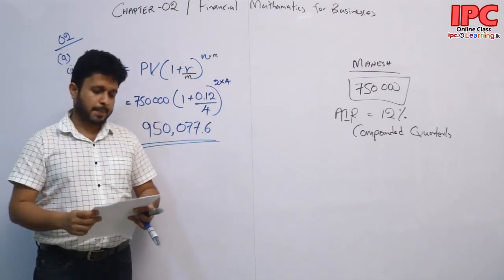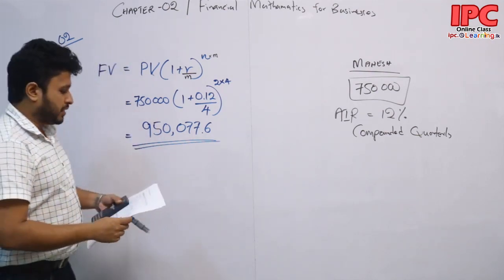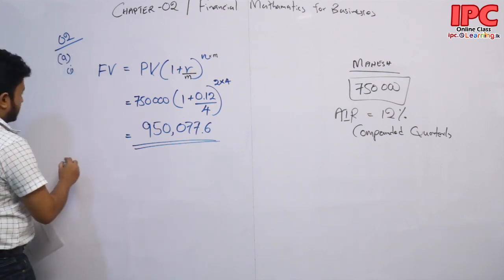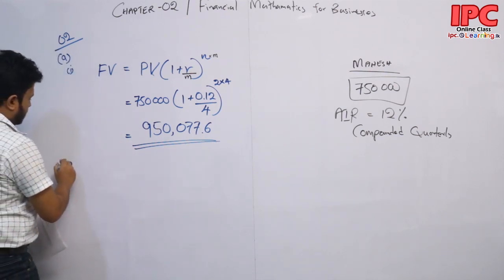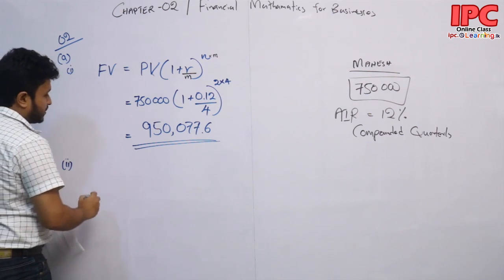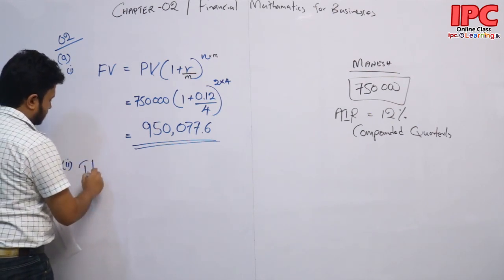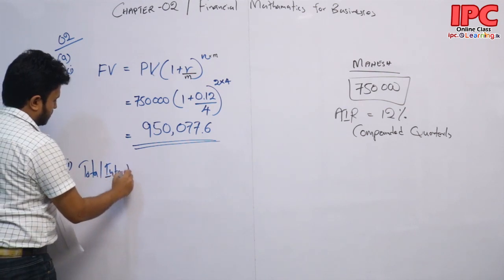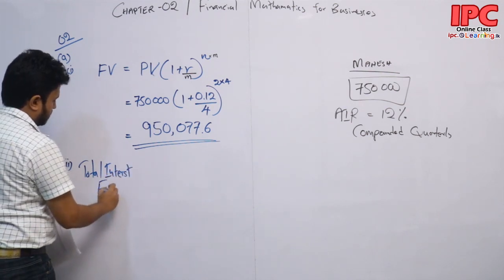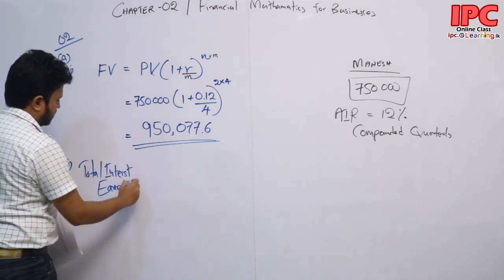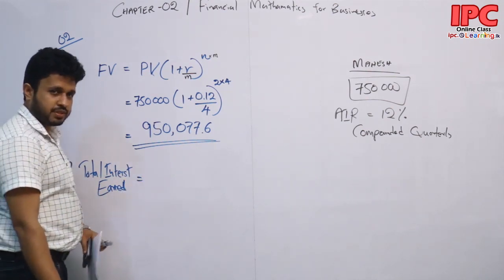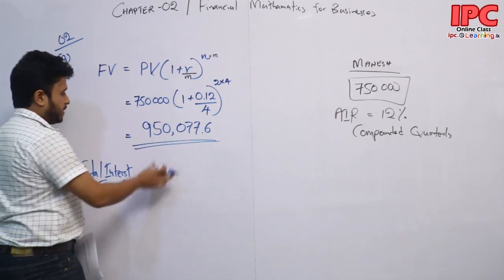Very easy. Then point number 2 is asking for the total interest earned. How are we going to calculate the total interest? It is very easy.